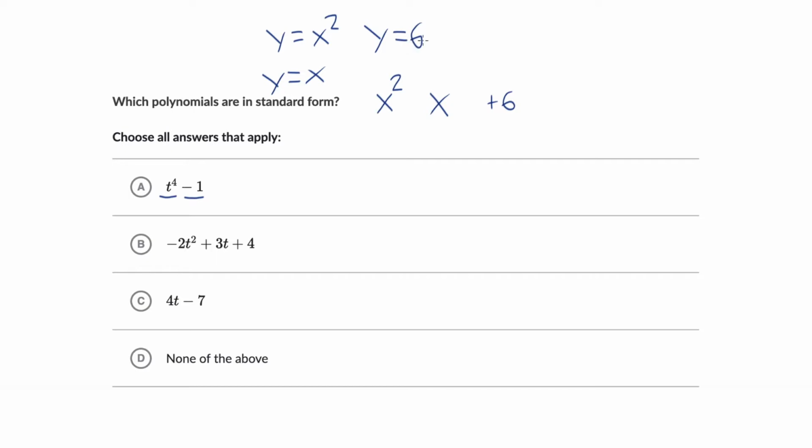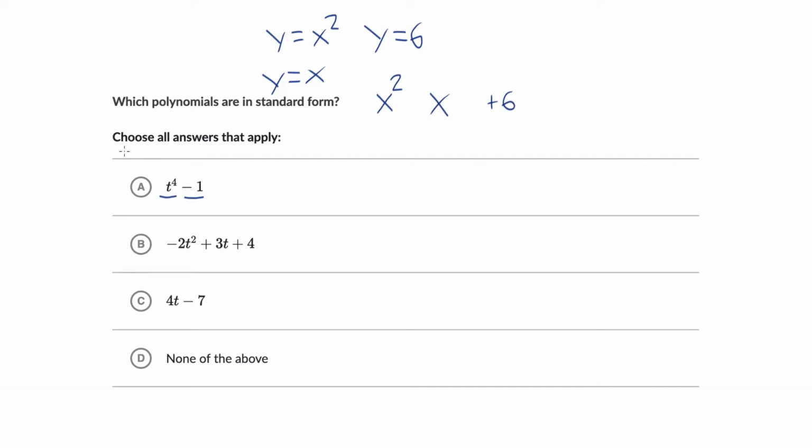You'll notice that the values get higher increasingly fast, right? So that's how we're going to order our terms in standard form, okay? That's what it's called. From descending, from highest to lowest.